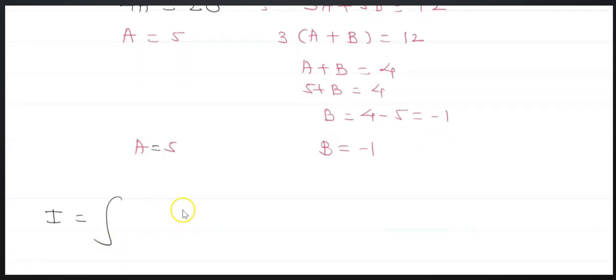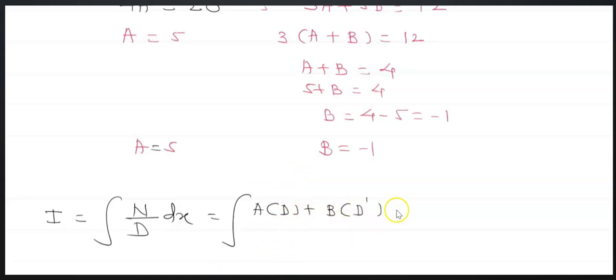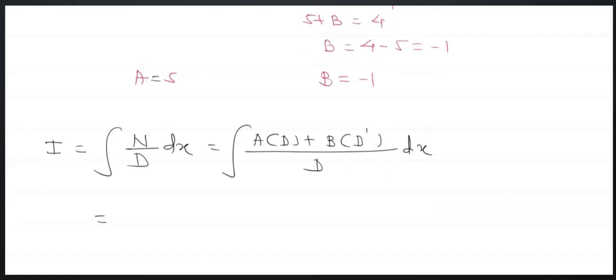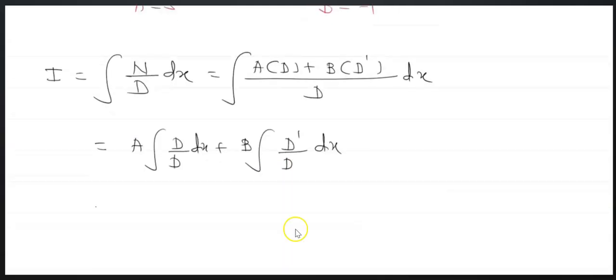Again our integral, here is numerator upon denominator dx. In a very short form, integral of a into d plus b into derivative of the denominator upon d dx, separated. That is a d upon d plus b d dash upon d dx. The d gets cancelled.